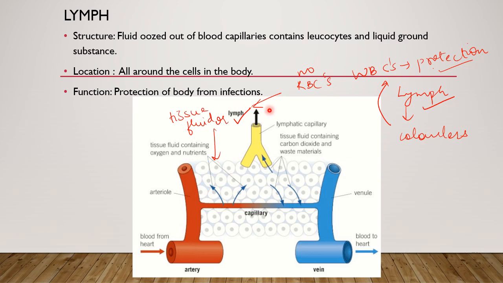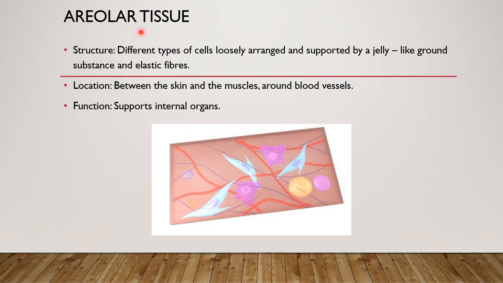Why did I say that? Because it contains the WBCs, that is, the leukocytes. Then we have areolar tissue. Between the skin and the muscles you have areolar tissue present, because it helps in protection.